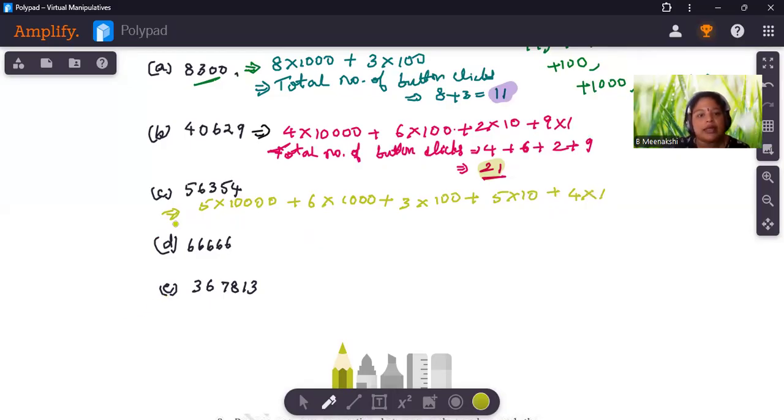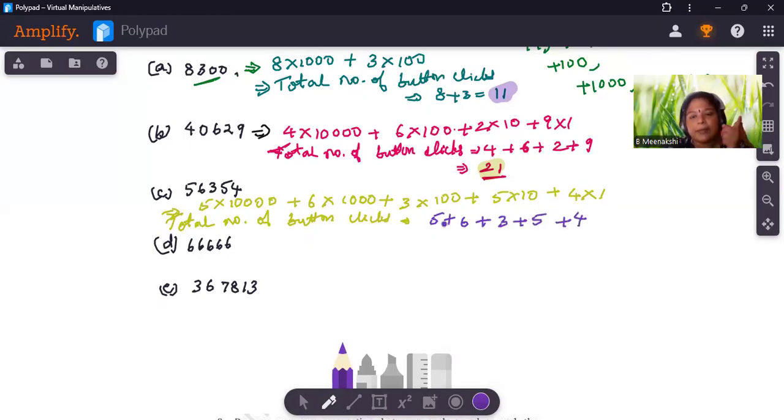So add the total number of button clicks: 5 plus 6 plus 3 plus 5 plus 4. 5 plus 6 is 11, 11 plus 3 is 14, 14 plus 5 is 19, 19 plus 4 is 23. 23 button clicks.